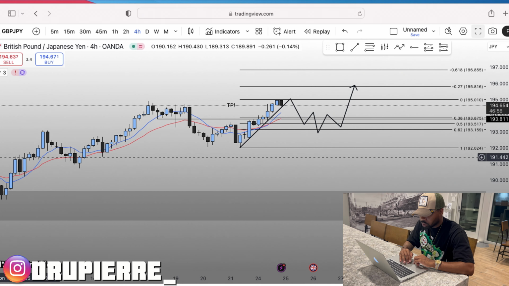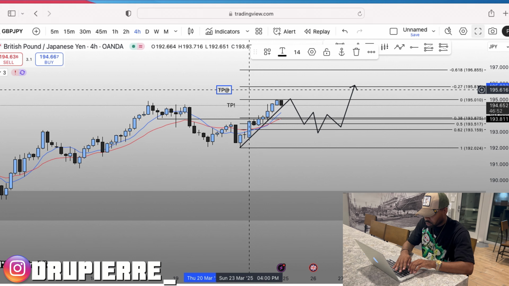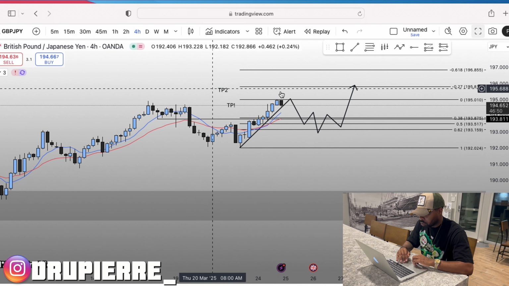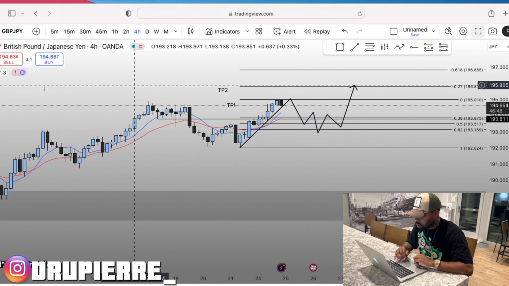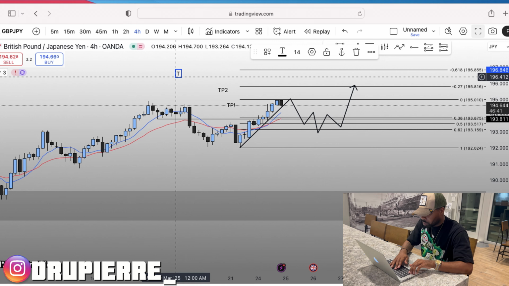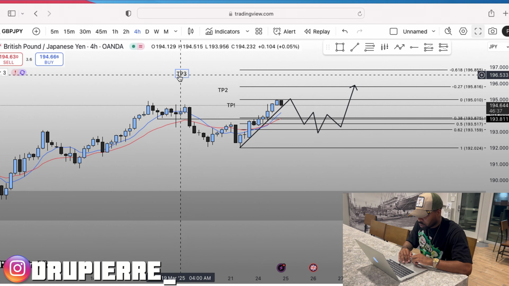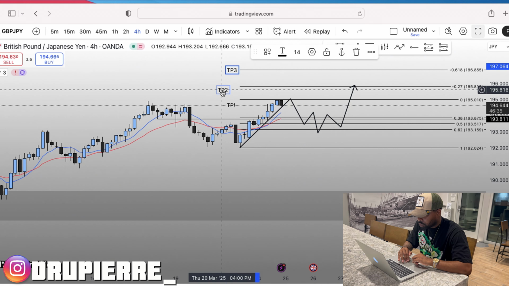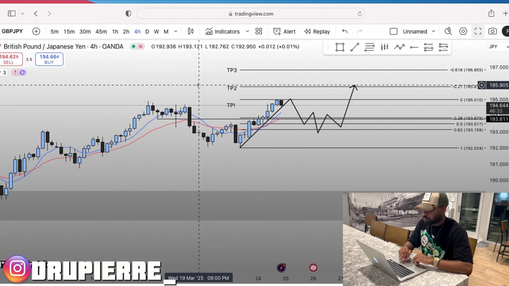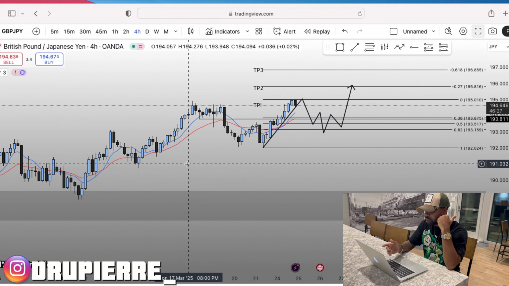TP2 would be something like this, the negative 27%, and my final take profit would be up here. That would be my TP3. Boom, just like that. And this is basically what I'm anticipating on GJ to do, some kind of variation of that.